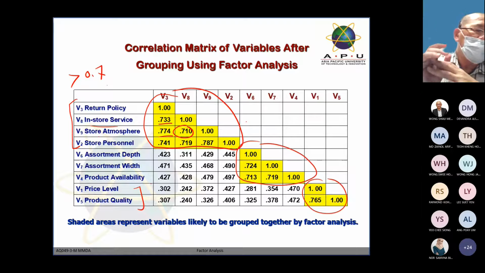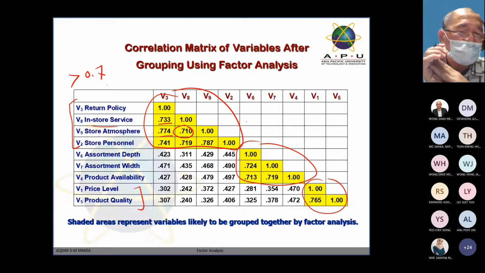Let's say you cannot find a name to represent these two variables. Therefore, you just use the variable that is more important than the others. So just call it product quality. Something like that.